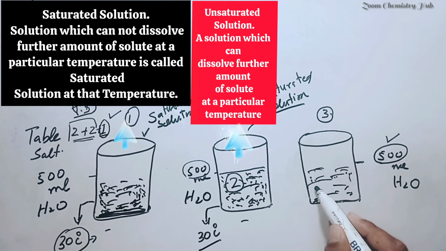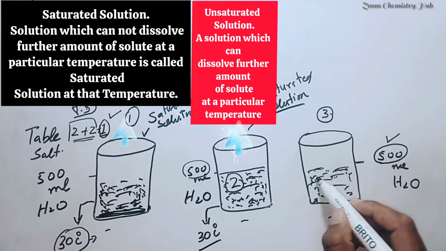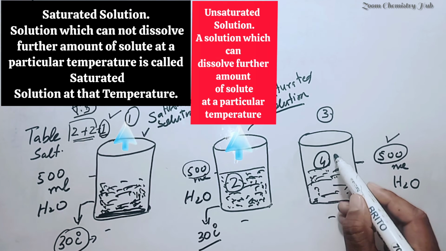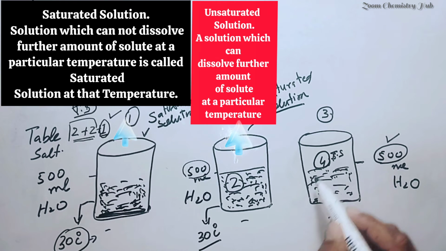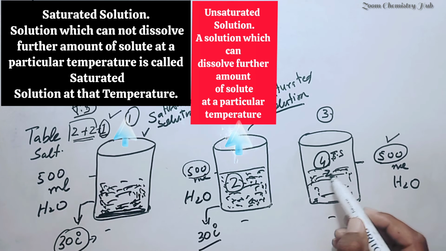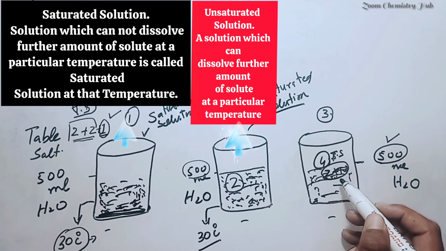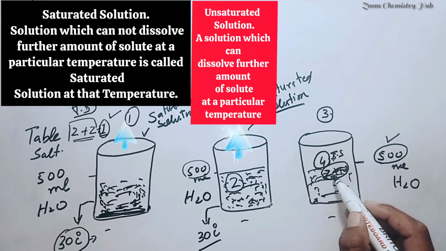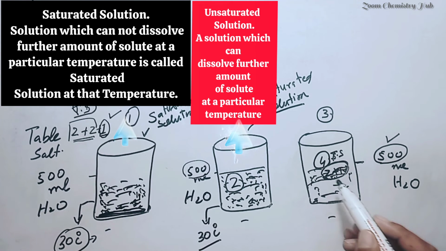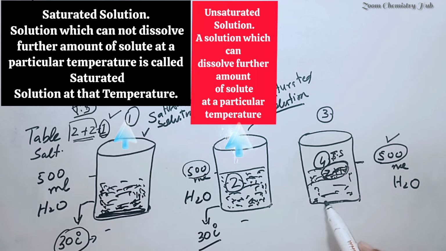So if we dissolve in the third beaker 4 tablespoons of table salt, it can dissolve. But if we add further amount of solute, that is 2 more, then these 2 more teaspoons of salt will not dissolve and stay at the bottom of the beaker.